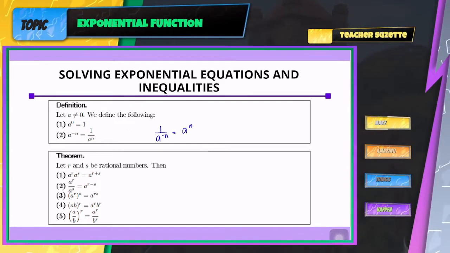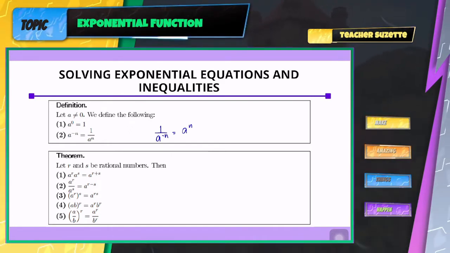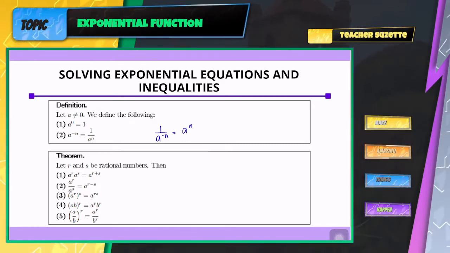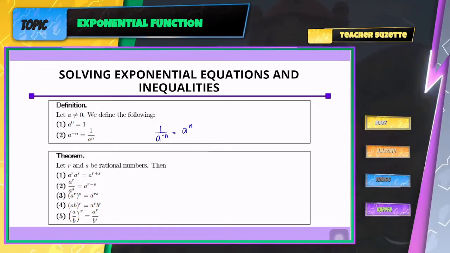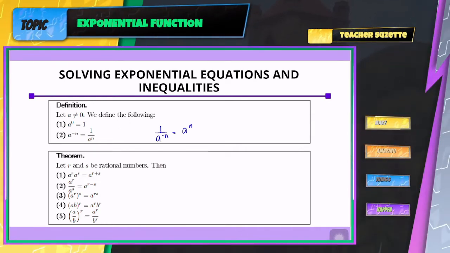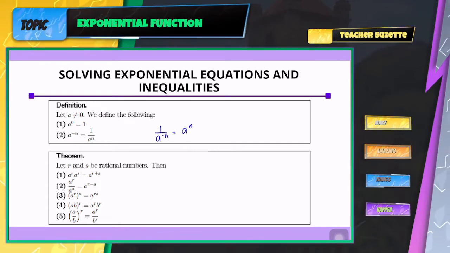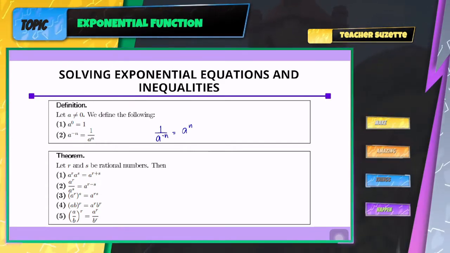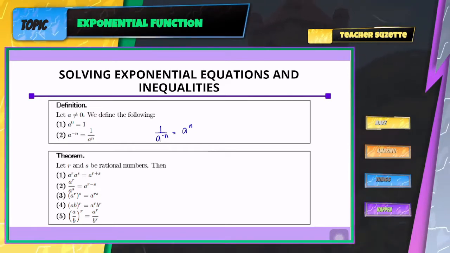So, you simply add the exponents given that their bases are the same. So, ganun din naman po when you divide a raised to r by a raised to s. So, the quotient is equal to a raised to r minus s. So, the exponents are subtracted or mag-i-minus mo po sila. This is only applicable kapag same bases ha.